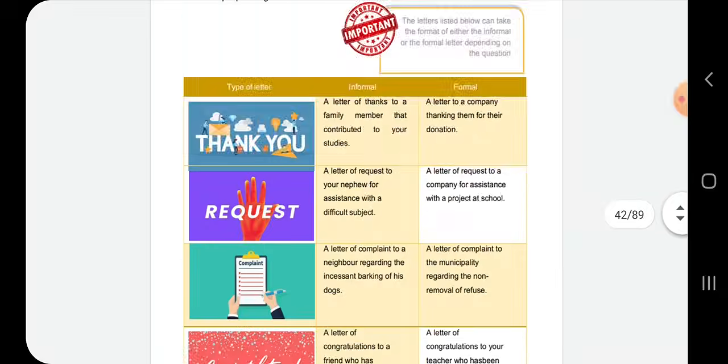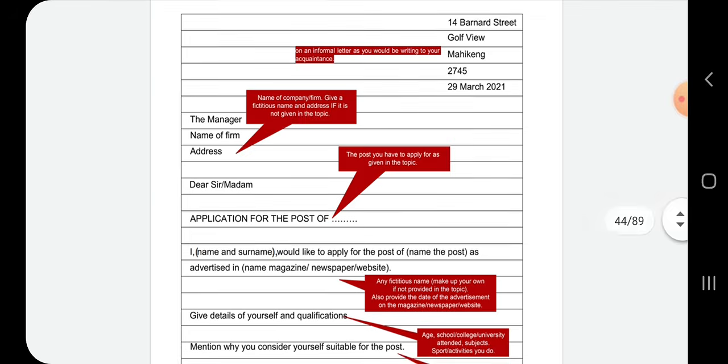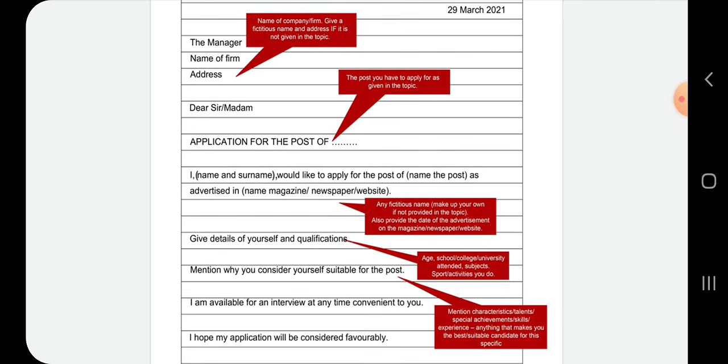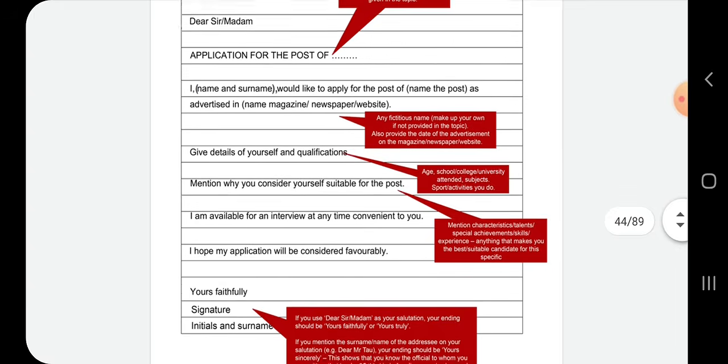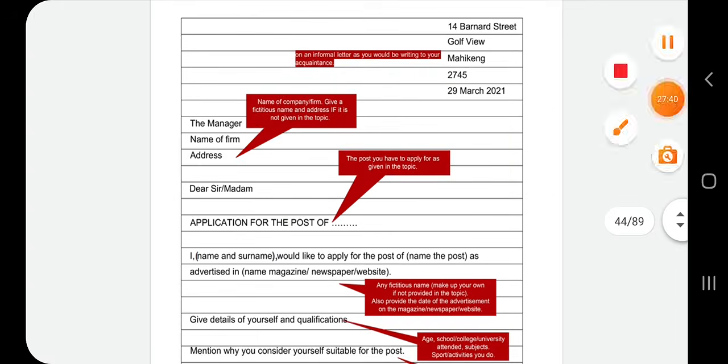Okay, and then the letter of application is still the same. You write your address, and on the left hand side the address of who you are sending to, and then you write application for the post of such and such, and skip between your paragraphs, and then you have to give your initial and surname.